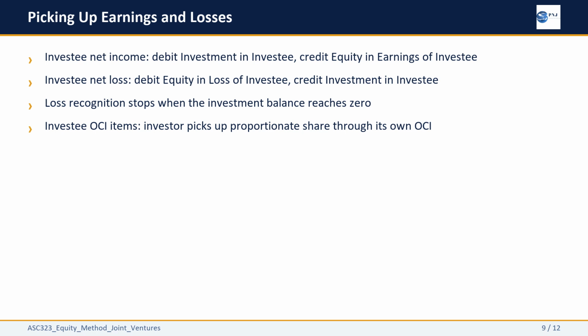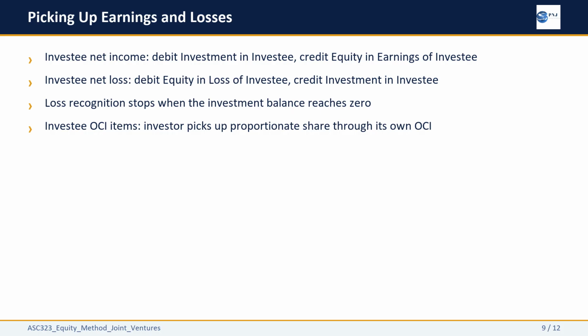When the investee earns a profit, you recognize your proportionate share by debiting your investment account and crediting equity in earnings on your income statement. When the investee reports a loss, you reverse that: debit equity in loss, credit the investment account. But loss recognition has a floor.